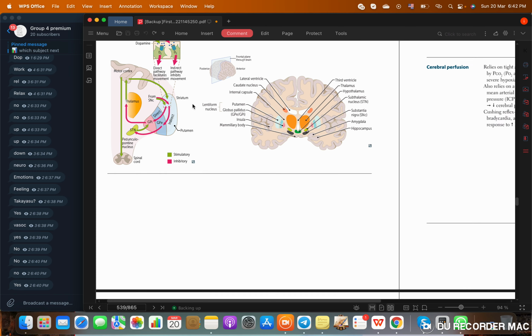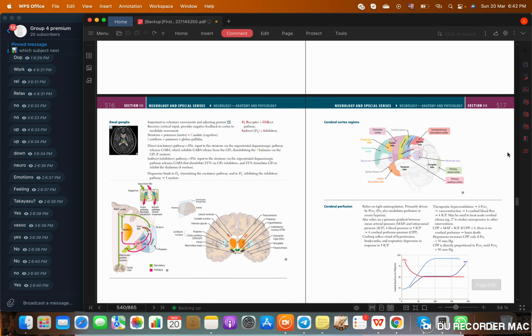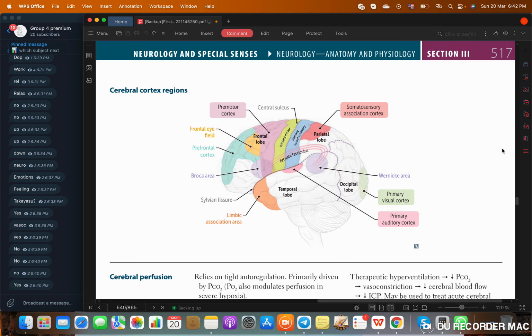Why? Because of the lentiform nucleus, right? So the next structure we are going to speak about is the brain itself, the biggest structure, the big areas. I want you to understand two things. There are centers located in the brain, and also there is a general area responsible for something. What do I mean by that?